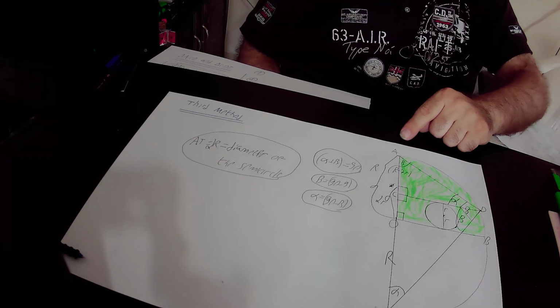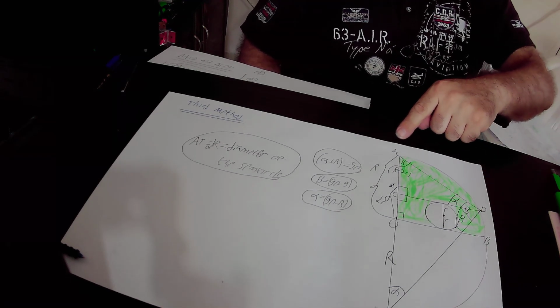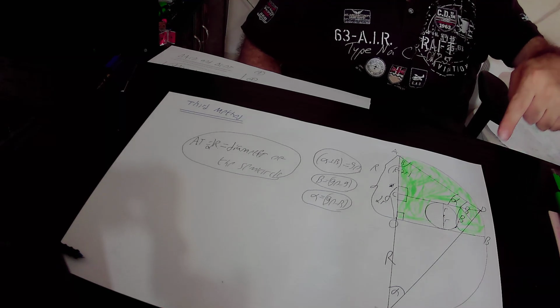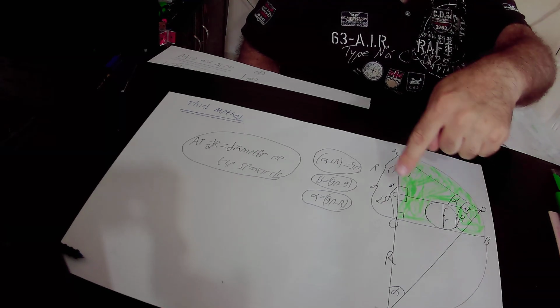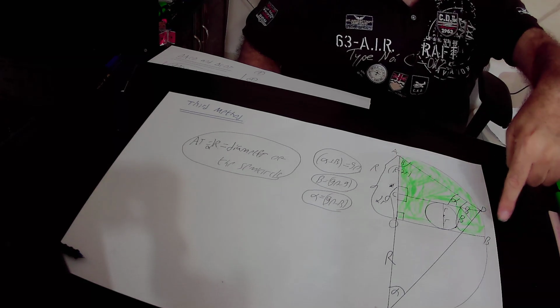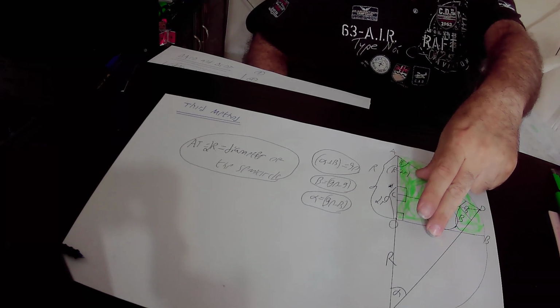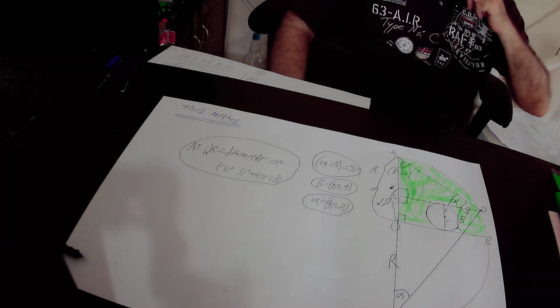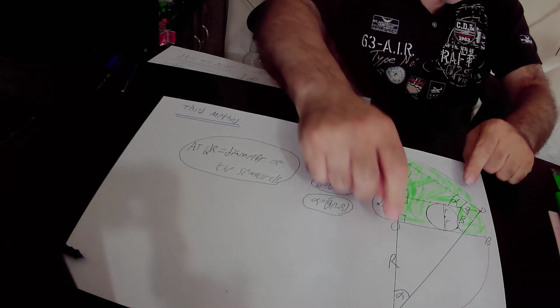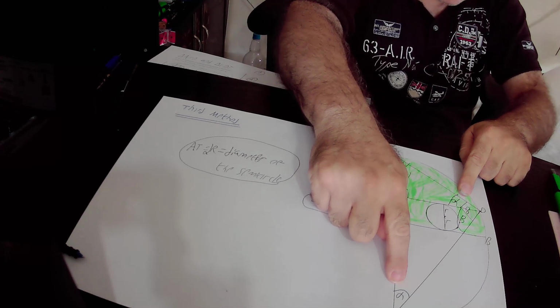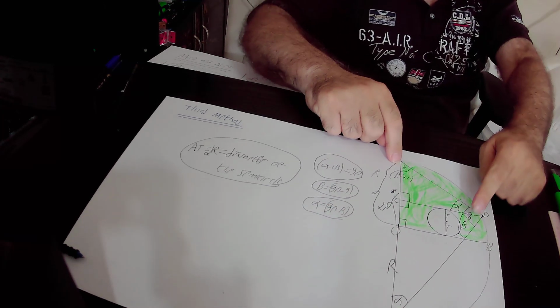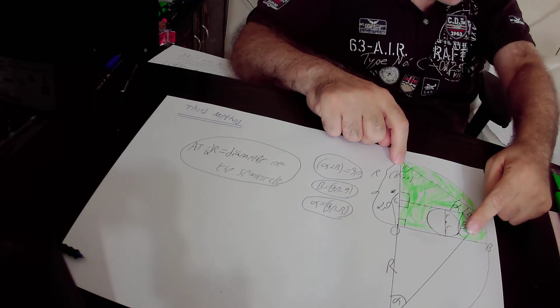Then we proved that the right triangle, triangle ADC is similar to the right triangle, triangle CDT. Those two right triangles are similar to each other. Why are they similar? First of all, those two angles are both equal to alpha, therefore they are equal to each other. In addition, those two angles are both equal to beta, therefore they are equal to each other.